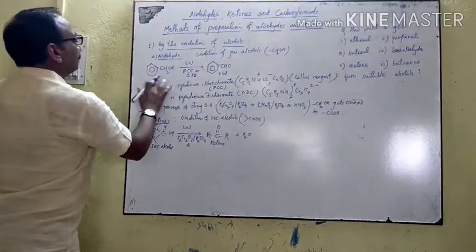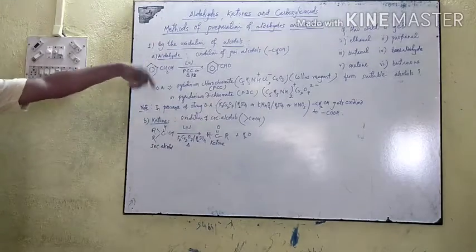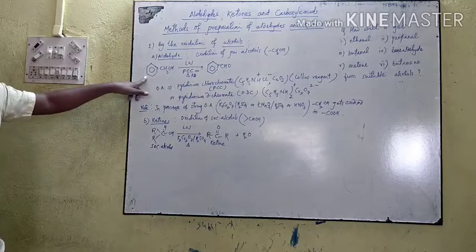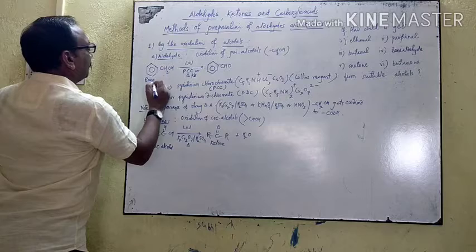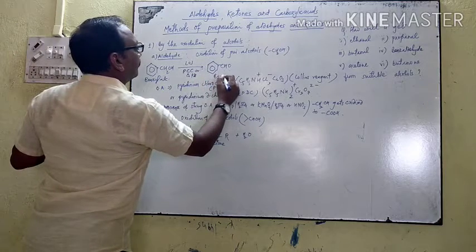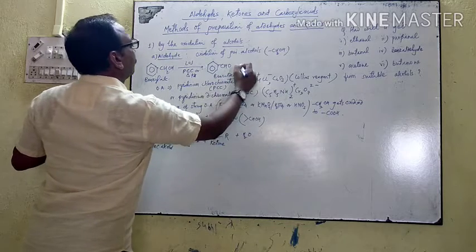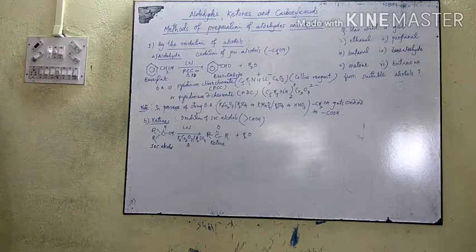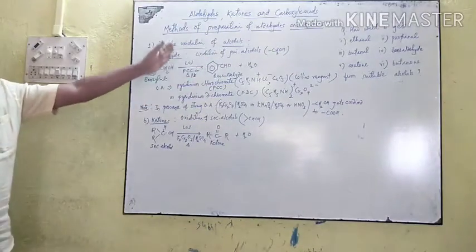What primary alcohol do you choose to get benzaldehyde? Because an aldehyde is to be obtained, you need to start with a primary alcohol. So this is benzyl alcohol, and this is benzaldehyde plus water.